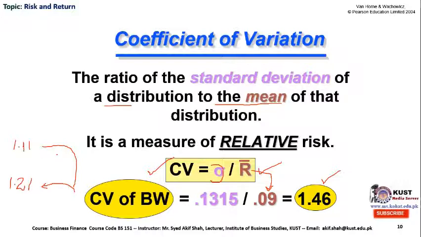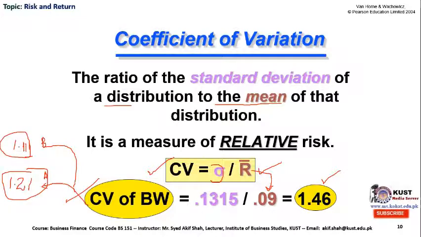So therefore we can conclude that Basket Wonder is not a good investment opportunity, because there are other stocks like stock A and stock B available in the market whose coefficient of variation is quite lower than Basket Wonder, like 1.12 and 1.11.